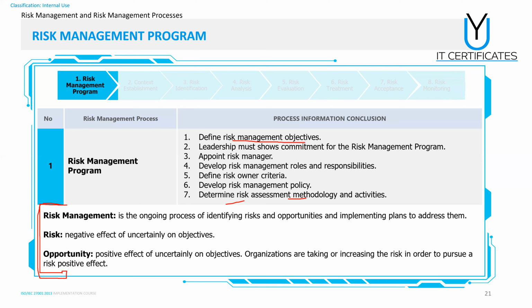Why do we want to implement risk management processes in our organizations? There are many reasons. Number one, it may be for ISO 27001 implementation. ISO 27001 requires a continuous risk management process for protecting assets. Okay, this is one of the reasons.